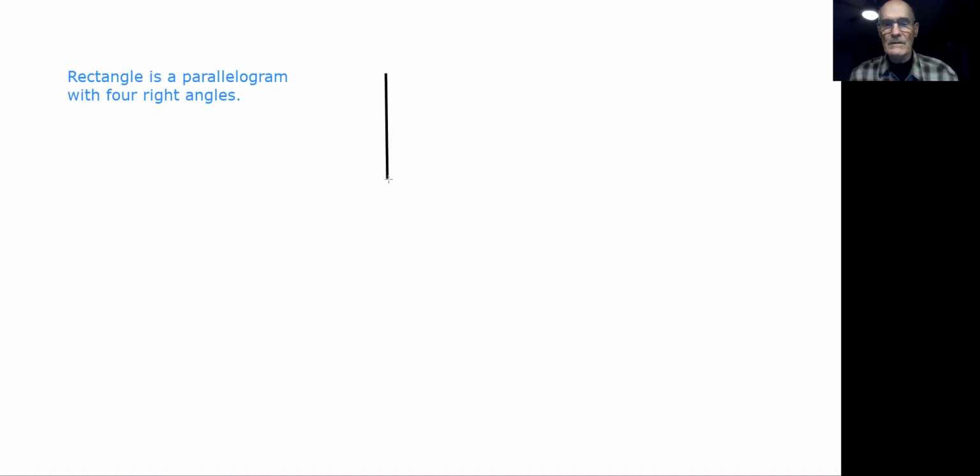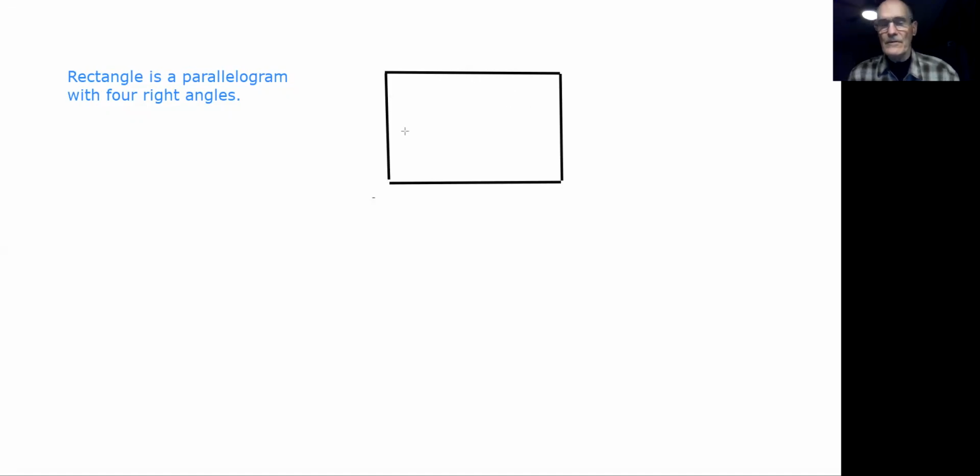I draw across here, come up like this, and go back across. Each one of the angles in the rectangle is a 90-degree angle.